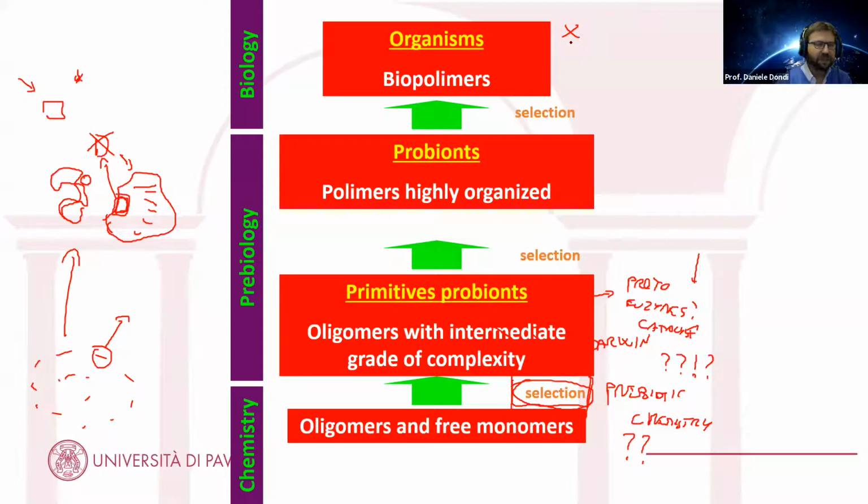Even it's difficult to know exactly, for example, the composition of the atmosphere. For sure, there was no oxygen, but what next? What are the compounds? In the end, we don't know exactly. So we are always in the domain of theories.